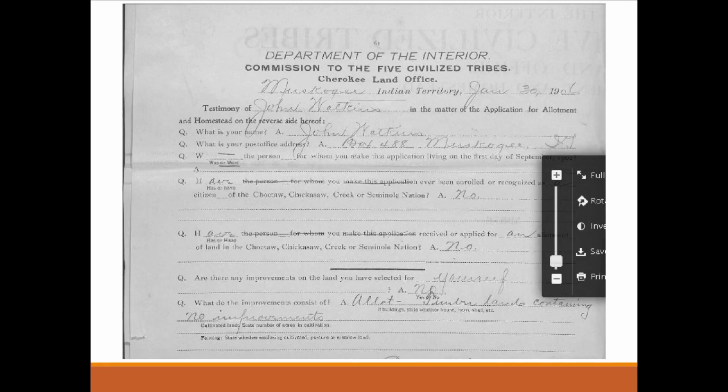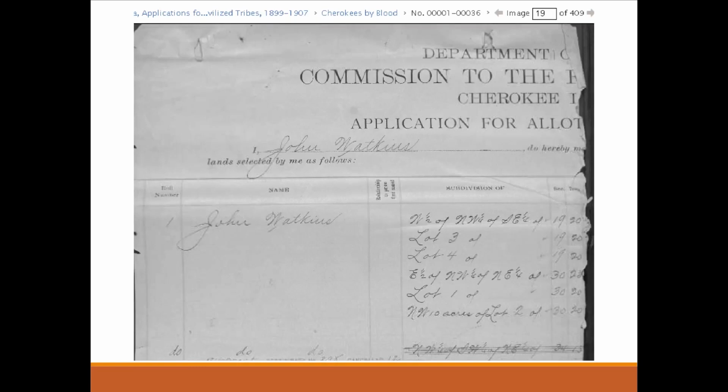It's timberlands containing no improvements. And there's lots of other questions. But you will also find a smaller piece of paper and they will give a legal description. So that's what you need right there. And then additional pages gave the description for the daughters.